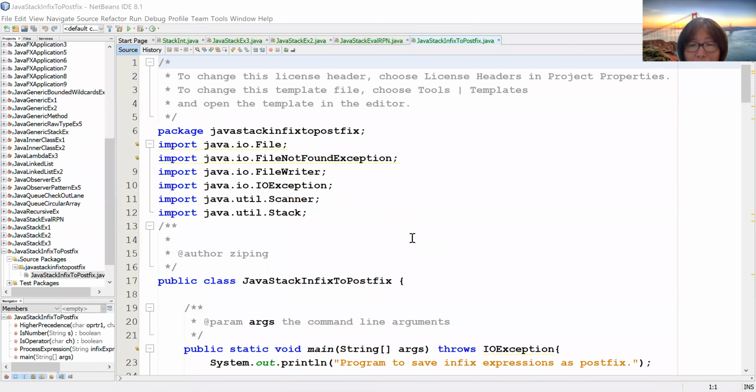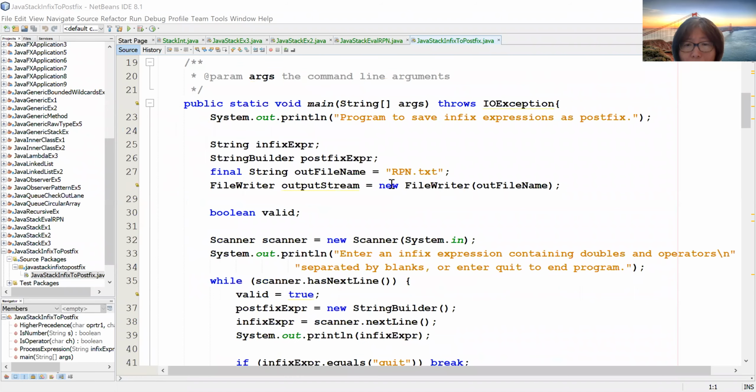And this one is pretty similar to the other one. So this time our file will have infix expressions. We enter the infix expression, and then we are going to store all of our postfix expressions to a file.